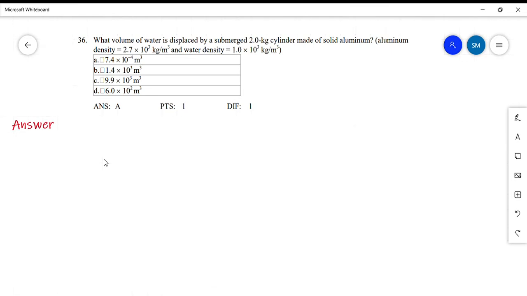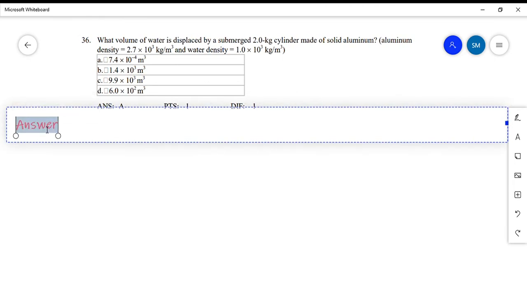Question number 36. He wants to know what volume of water is displaced by a submerged 2 kilogram cylinder made of solid aluminum. So the volume of the water displaced by the cylinder will be equal to the volume of the aluminum. So we will calculate the volume of the aluminum. The volume of the aluminum is simply equal to M over ρ.